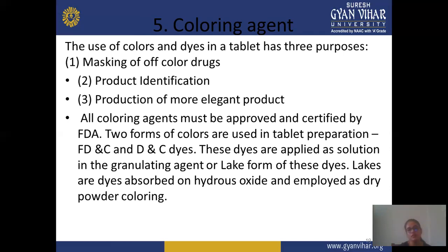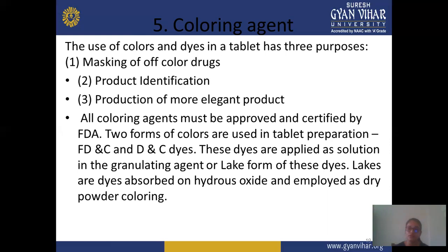The use of color and dye in the tablet has three purposes. For which purpose do you use this coloring agent? First is masking the color of the drug. If you have a drug with a bad or poor color, or if you want to improve the color of your tablet or give it a good appearance, in this condition use this coloring agent.